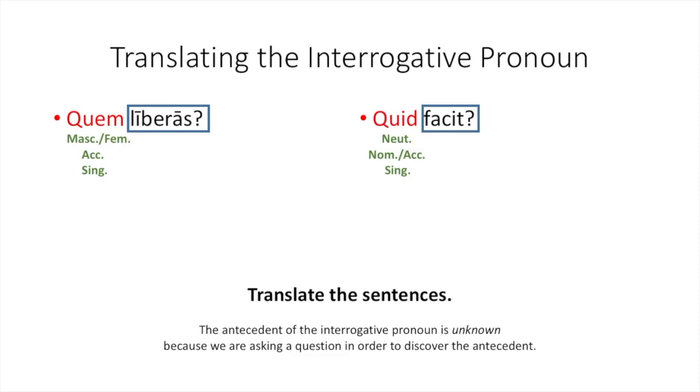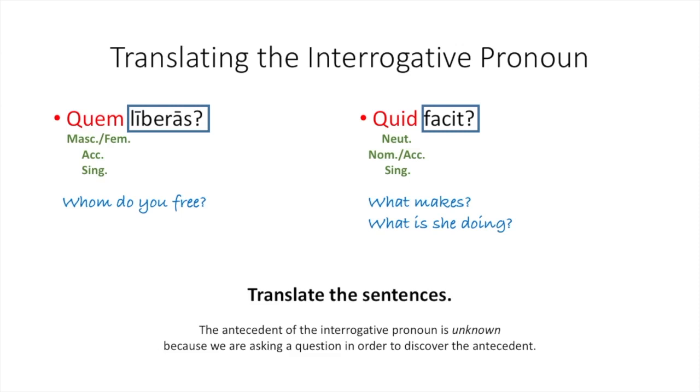Keep in mind that our interrogative pronoun means who or what. Okay, hopefully for quem liberas, you said whom do you free, keeping in mind that quem has to be your direct object because it's accusative, and your subject then will be in your verb, liberas.